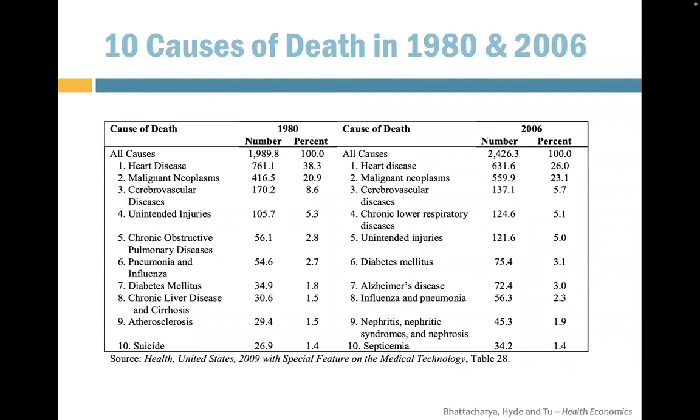The next table is the 10 causes of death in 1980 and 2006. Okay, so I think this graph is interesting to look at actually. There are some diseases that remain top causes of death.